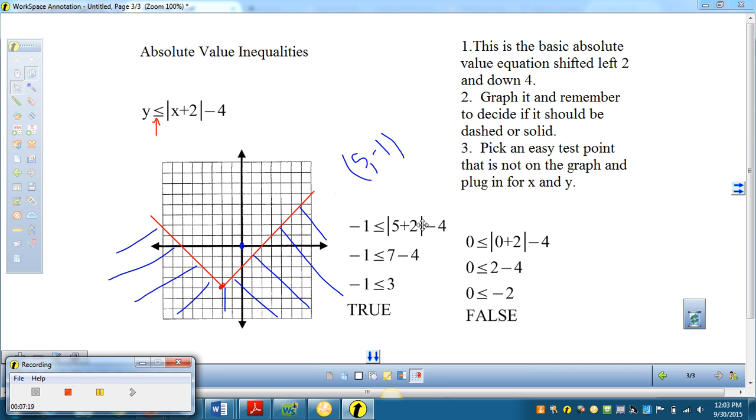So when we plug in 5, negative 1, 5 plus 2 is 7. Absolute value of 7 is 7. Minus 4 is 3. And our y value is negative 1. Negative 1 is less than or equal to 3. Well, negative 1 is less than 3. And with a less than or equal to, only one of the two has to be true. Since negative 1 is less than 3, this is true. So we tested the point 5, negative 1, which should be in the blue region, and we do get a true statement, showing that our answer makes sense.